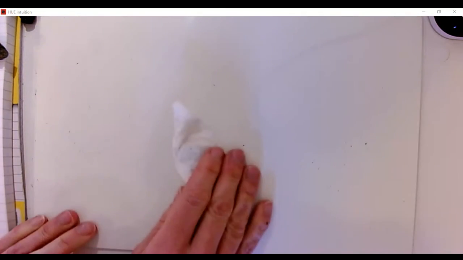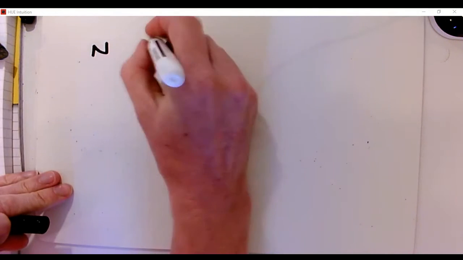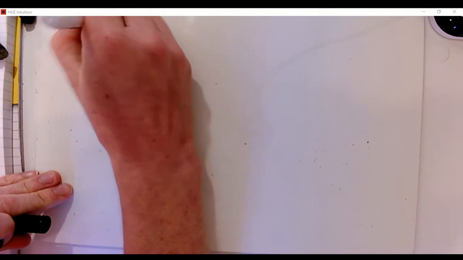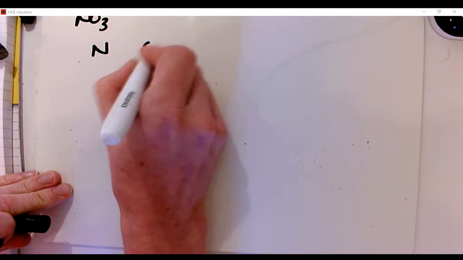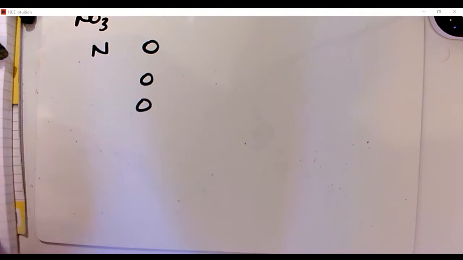Nitrate is the last one. I've actually done nitrate already, but I'll do it again. So you've got nitrogen and you've got NO3-. That means one of the oxygens has gained an electron already.